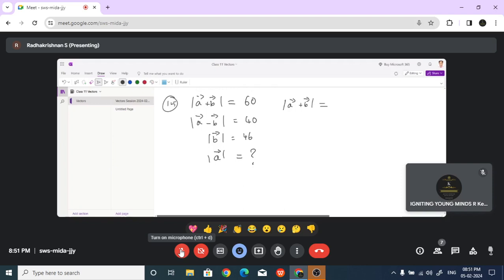Do you know? Let's put this way. a plus b whole square. What is the magnitude formula for this?